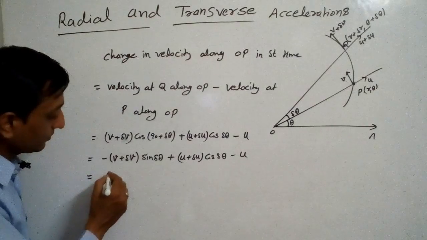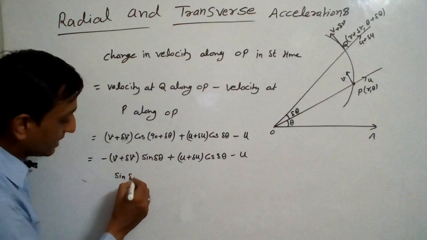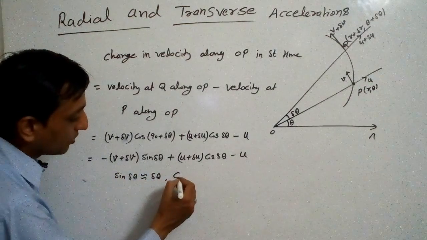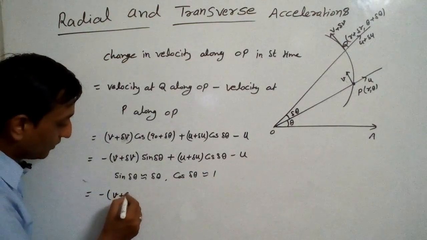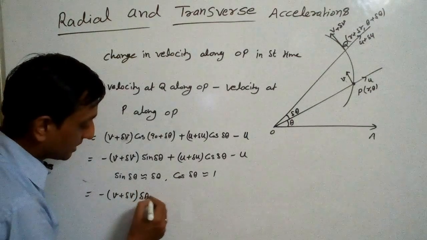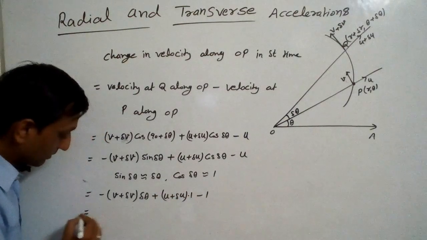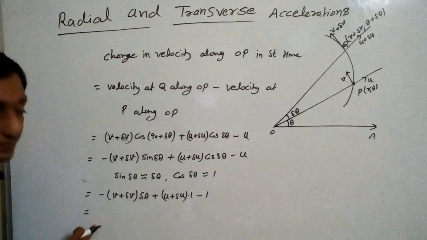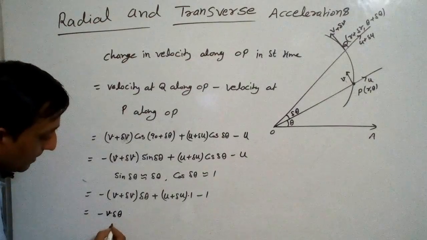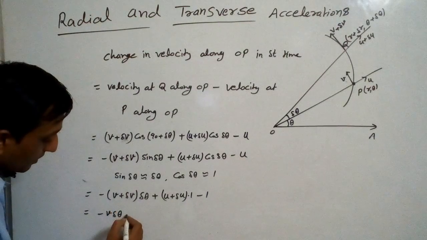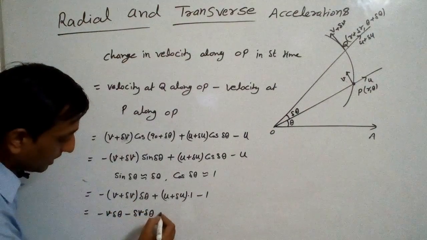Okay, now for a small angle, sin delta theta equals delta theta and cos delta theta equals 1. So this will be minus v plus delta v delta theta, plus u plus delta u minus u. So this will become minus v delta theta and minus delta v delta theta.